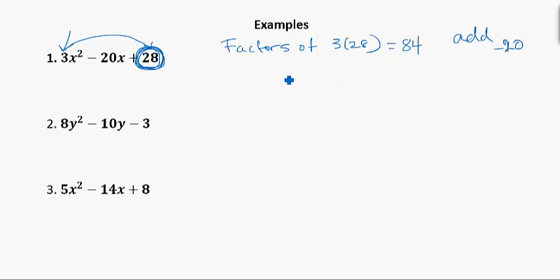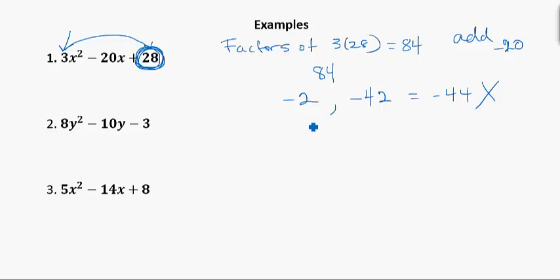So let's see what we have. 84, and they want to add up to give you a negative 20, so they're both going to need to be negative because they need to multiply to give you a positive. So let's see, 84 divided by 2 is 42. A negative 2 and a negative 42 do indeed multiply to give you a positive 84, but they don't add to give you a negative 20, so that's not going to work.